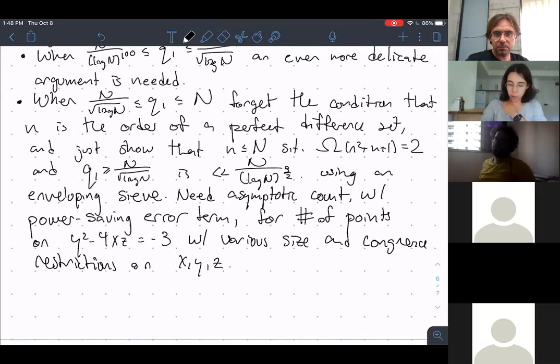And the way I end up needing to prove this is by modifying an old argument of Hooley that he used to count the number of divisors of values of quadratic polynomials.